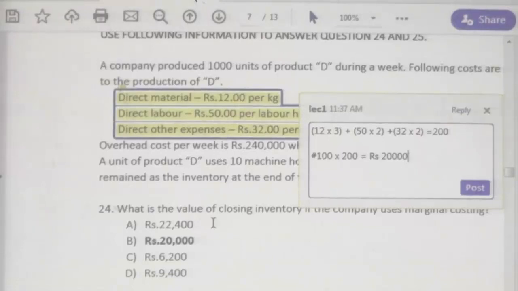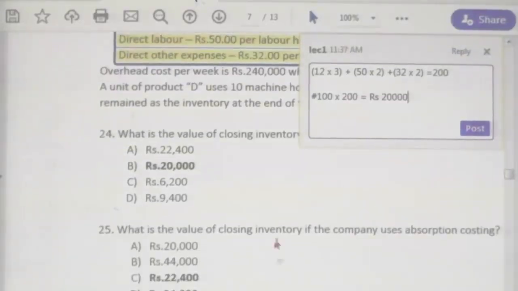Now, next question 24, you have to calculate the closing inventory value if you are using the absorption costing method. If you are using absorption costing, you need to take the variable cost, the total marginal cost, plus the absorbed fixed cost.